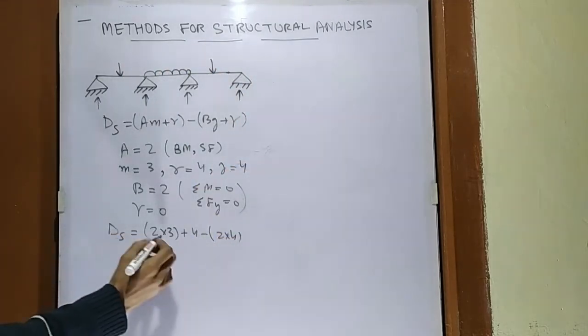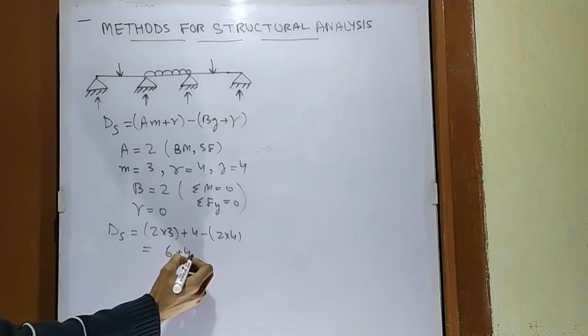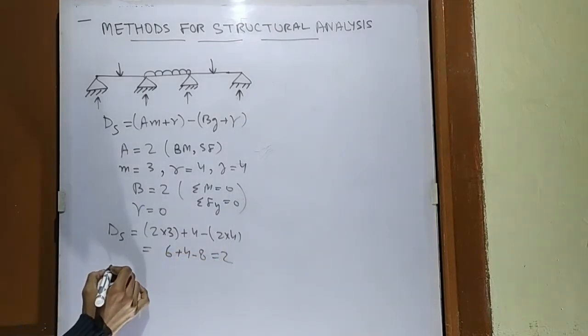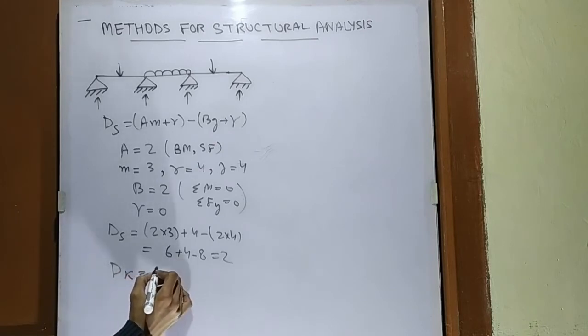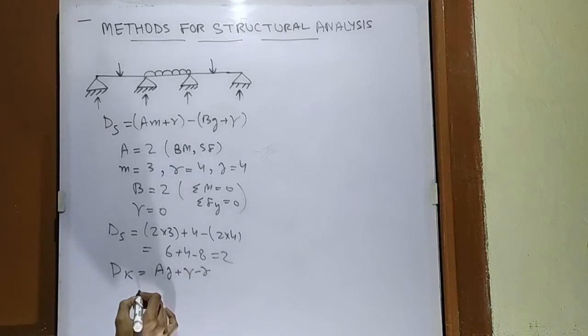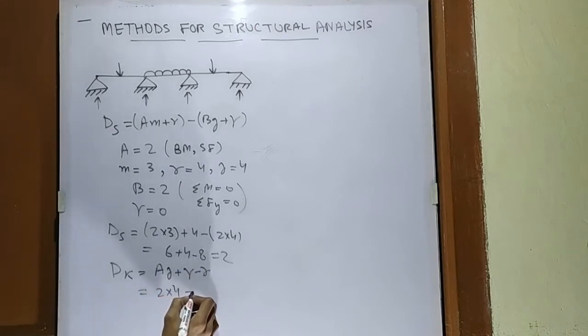Okay, so we can count very easily. 6 plus 4 minus 8, it comes out to be 2. Okay, now I will find the degree of kinematic indeterminacy of this beam, and the formula was Aj plus gamma minus R, and the value of A is 2 and the value of J is 4 and gamma is 0 and R is equal to 4. So it will be equal to 8 minus 4, it will be equal to 4.